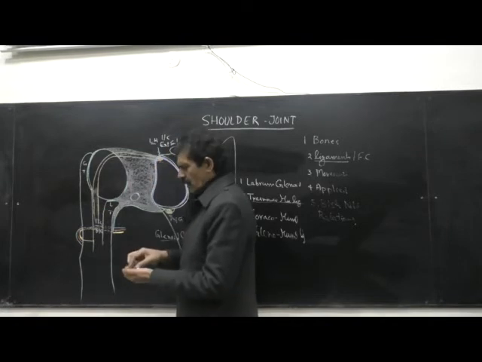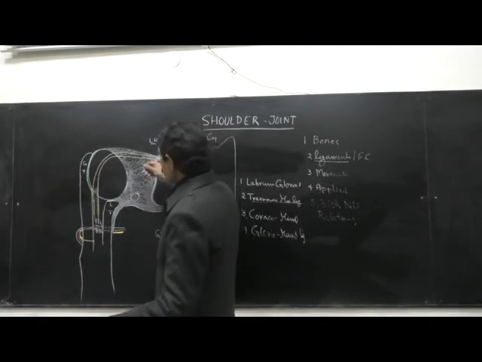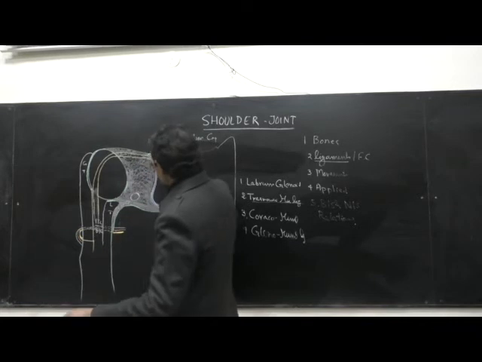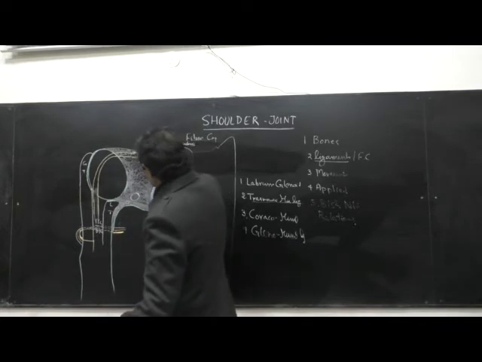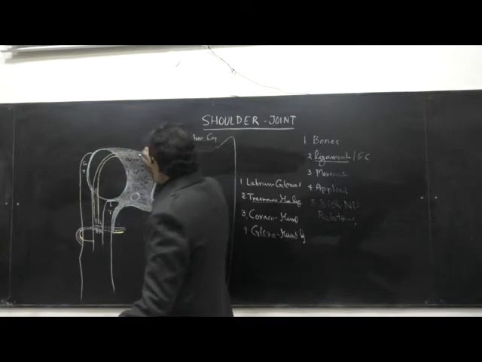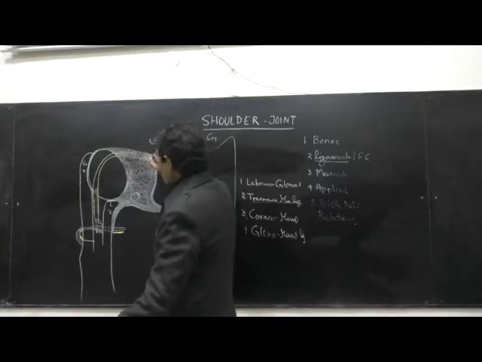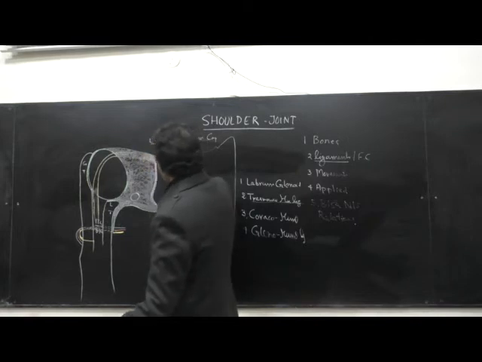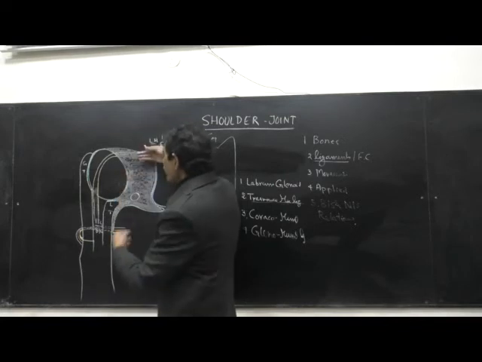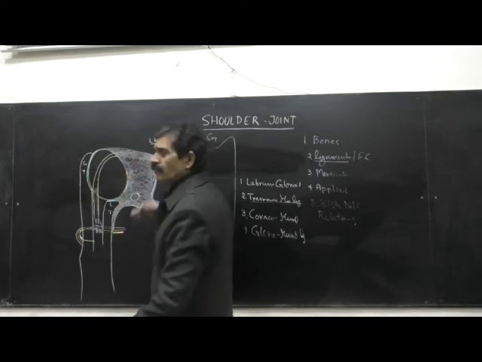It is present inside the fibrous capsule, but it is covered by the synovial membrane. That's why it is called intracapsular but extrasynovial. Extrasynovial means it is present between the fibrous capsule and synovial membrane.